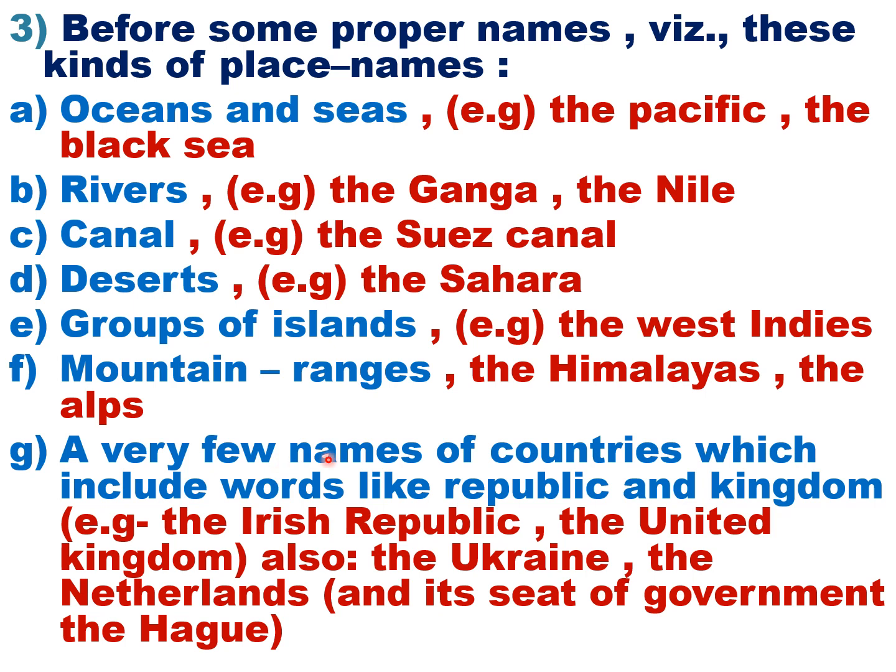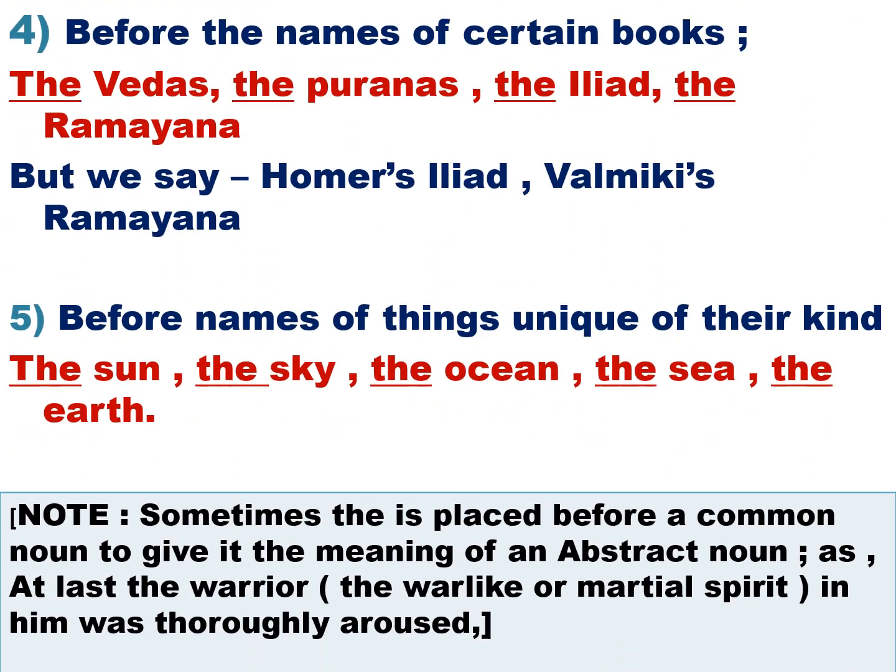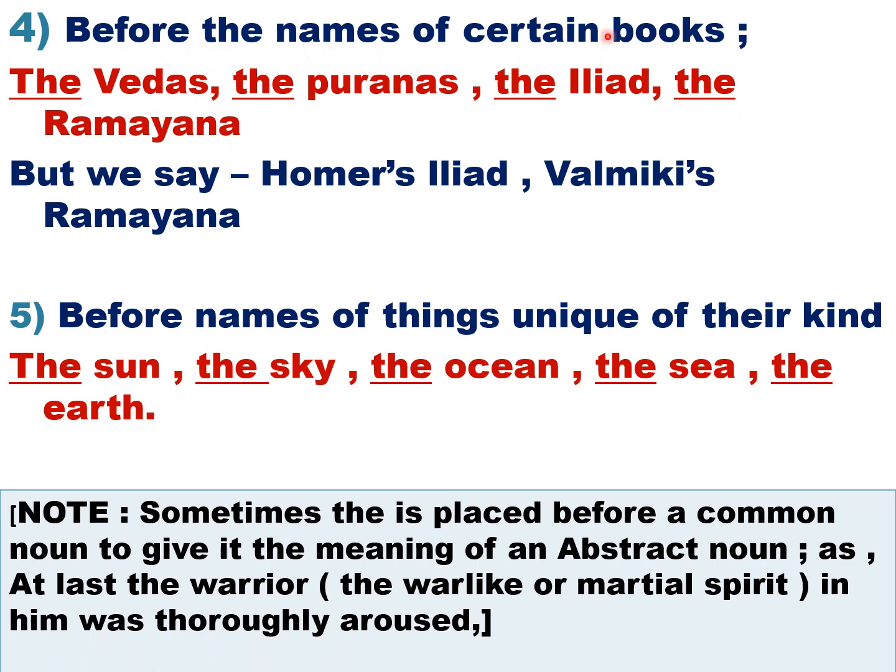A very few names of countries which include words like republic and kingdom. Example, the Irish Republic, the United Kingdom, the Ukraine, the Netherlands, and the Hague. Hague is a city in the Netherlands. Before the names of certain books, the Vedas, the Puranas, the Iliad, the Ramayana.